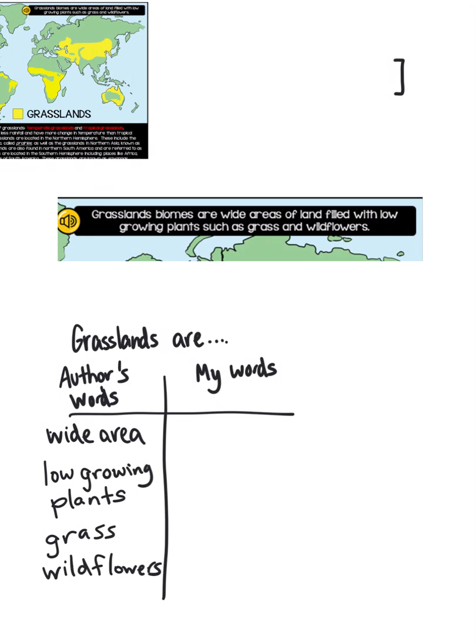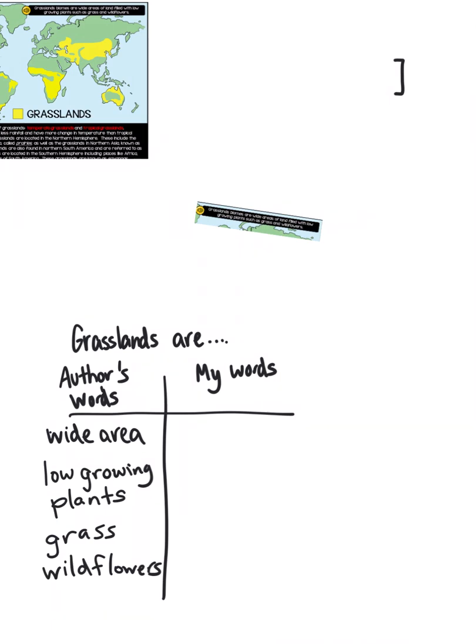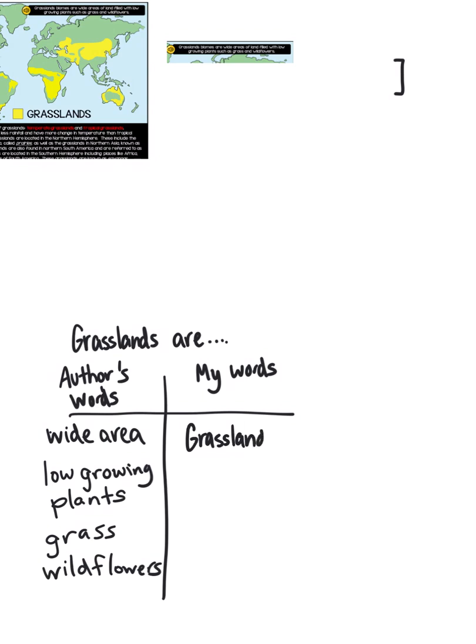So I need to kind of hide this so that I can't see it anymore. It's too tempting to look at what the author said grasslands are. And just focus on my vocabulary words. So grasslands typically cover a wide area.